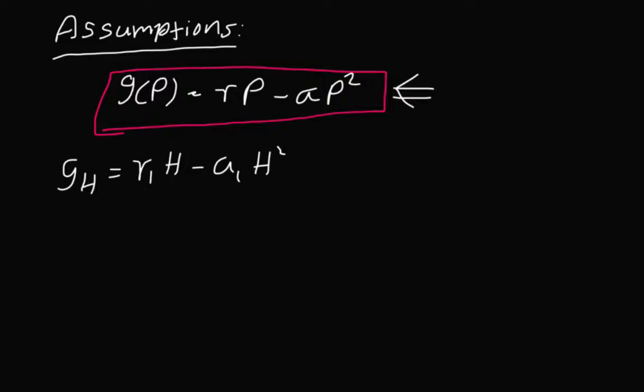Similarly, we can write down GS, which is the growth rate for softwoods, equal to R2 S minus A2 S to the power 2, according to the above equation. So R1, R2, A1, A2 are positive reals.